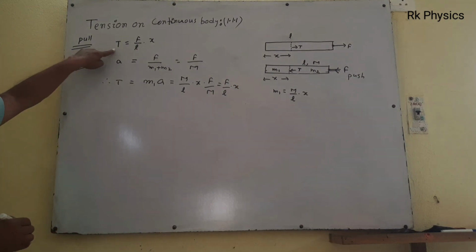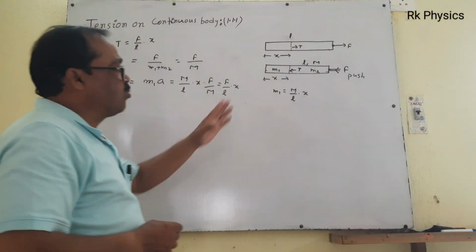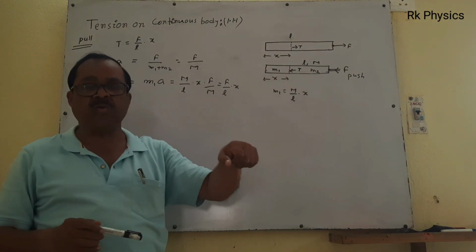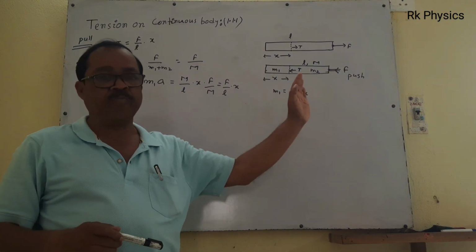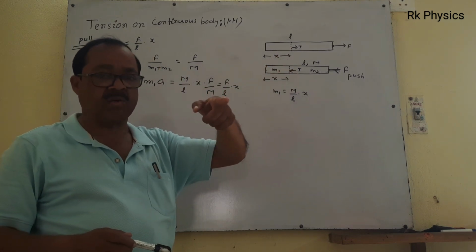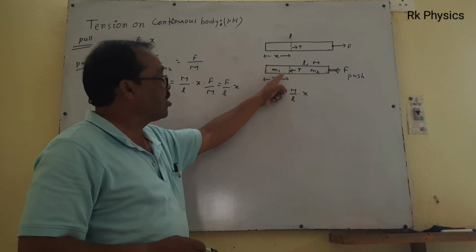So these two figures, pull and push, show that whether the force is acting on any continuous body either towards or away, you find out the tension at any section from the other end. From the other end means this end.